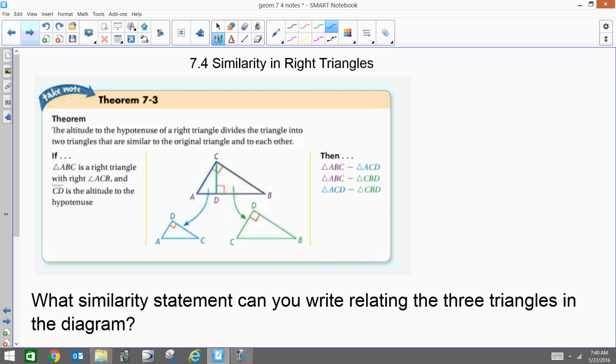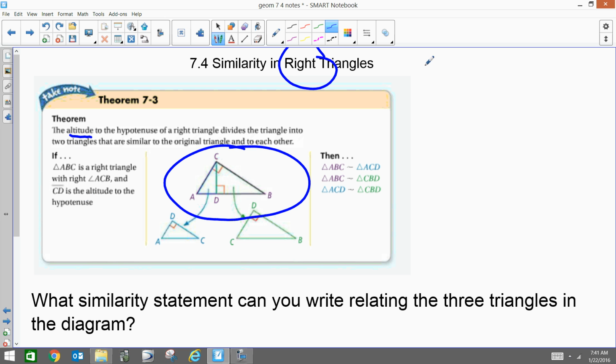Ready for similarity in right triangles. You're going to notice that these triangles in this section are all right triangles. And they also have the same look where they have the altitude drawn to the hypotenuse.